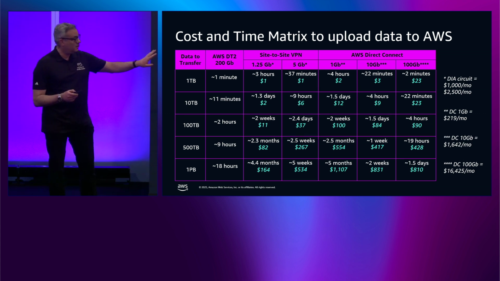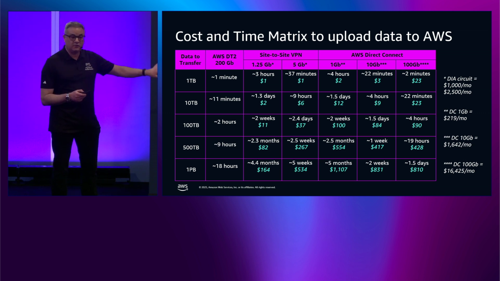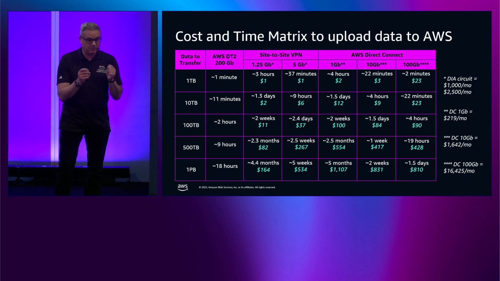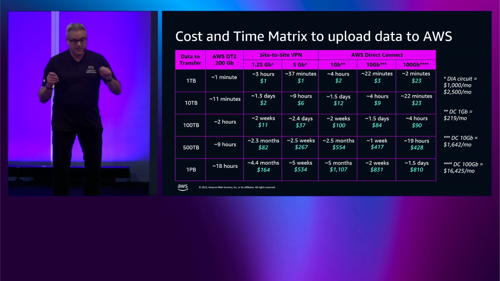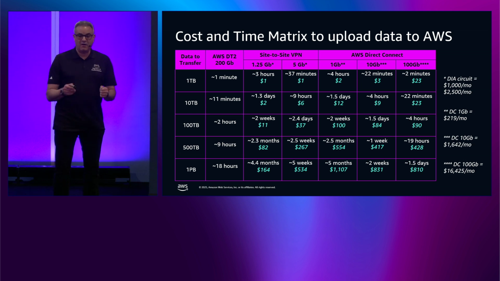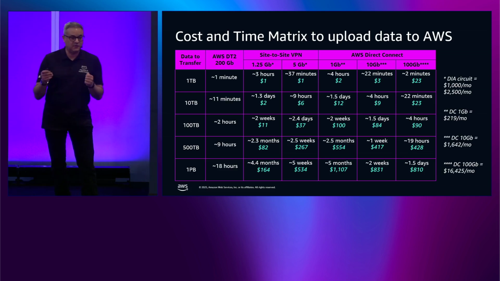So these costs are assuming that as soon as you get your service, you put in your order for Direct Connect, as soon as you get it, you start your copy job, and as soon as that job is done, you disconnect your service. These are theoretical costs. In reality, you're going to get a notification that your service goes live. Then you're going to tell your network team that they need to go and implement a change request to enable routing.